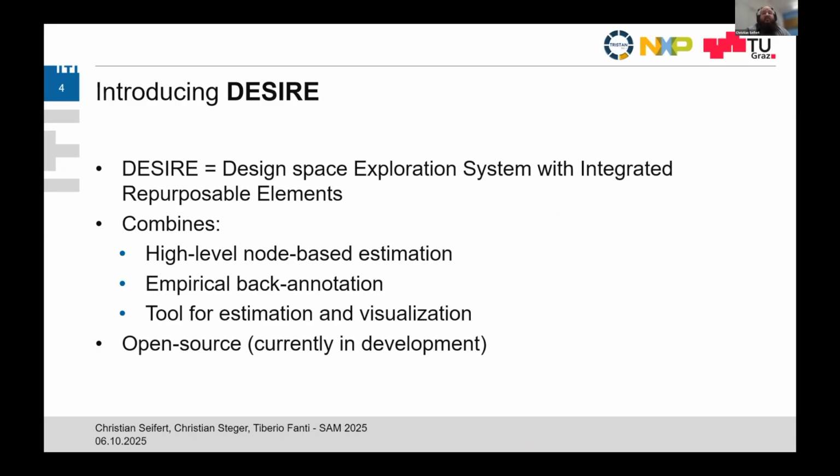It is planned for DESIRE to be provided to the public as an open source tool as soon as the initial 1.0 version is stable, which as of right now looks to be between Q4 2025 and Q1 2026, and has a focus on reusability, reproducibility, and integration into standard workflows.